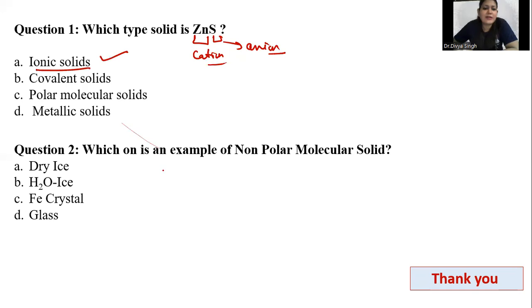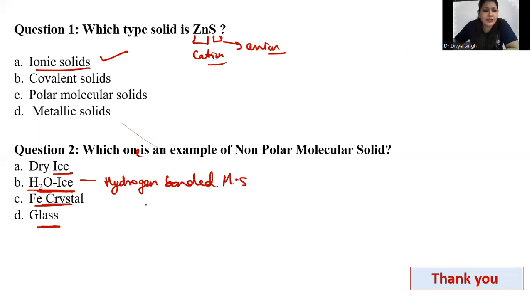Which one is an example of a non-polar molecular solid? We know that molecular solids are those in which there is no polarity. Here I have written ice, here Fe crystal, here glass, and dry ice. H2O is a hydrogen-bonded molecular solid.